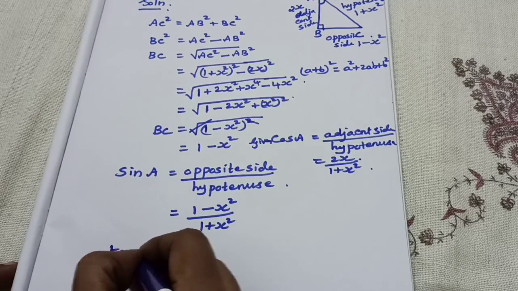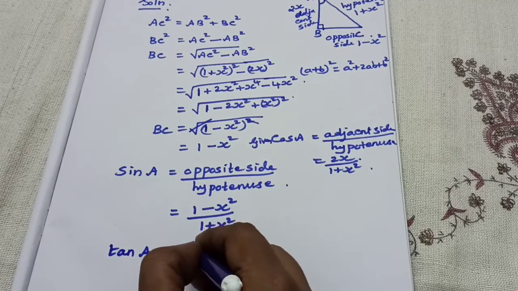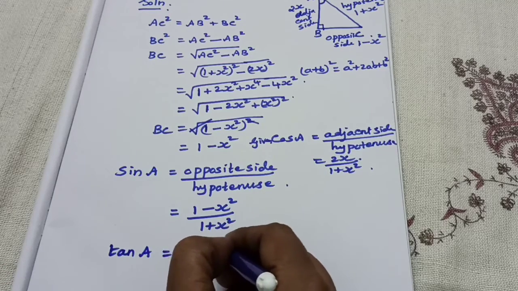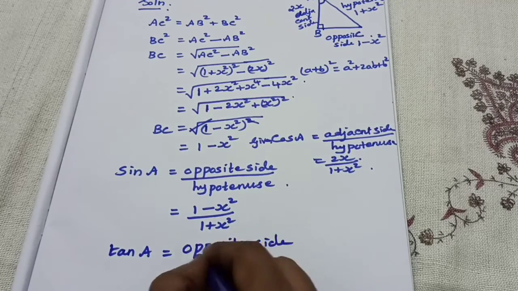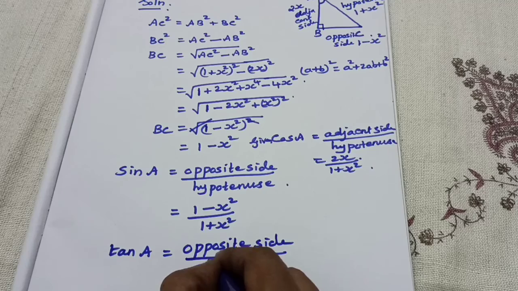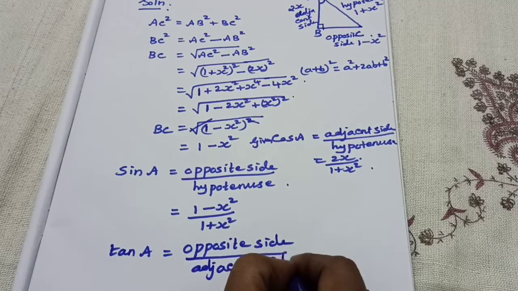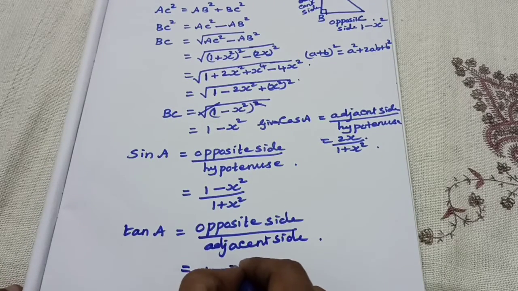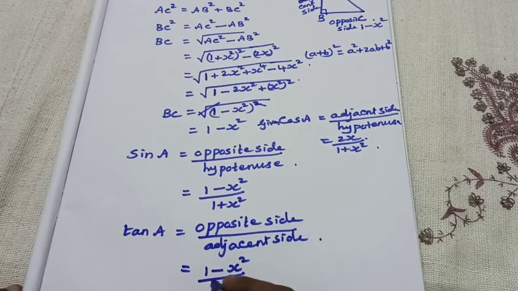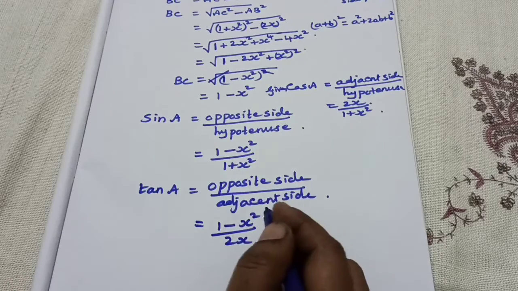Tan A is equal to opposite side divided by adjacent side. The opposite side is 1 minus x square, and the adjacent side is 2x.